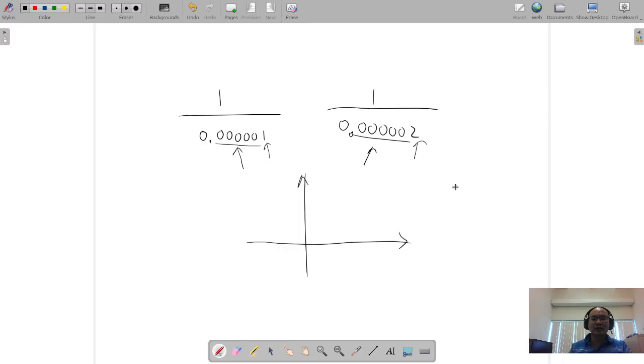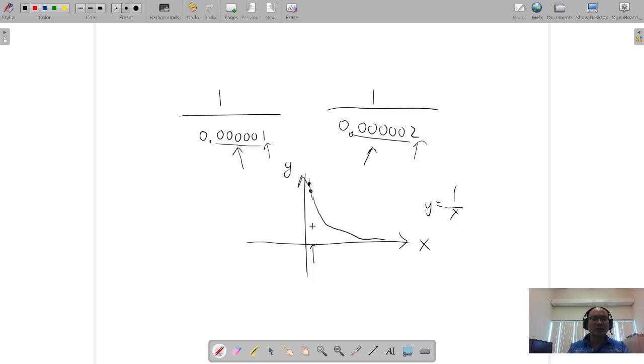1 over x looks like this, right? Okay, I can't draw very nicely, but something like this. So when x is small, you might be here, and just being a little bit off can blow up this part by a lot.